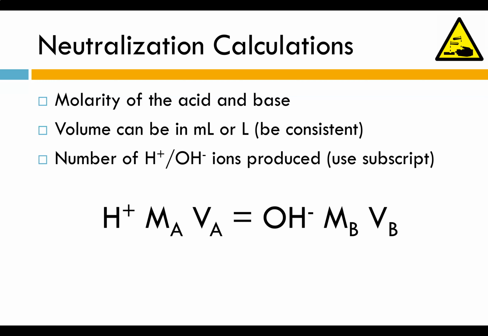We can predict how many ions will be produced by looking at the subscript of the H in the acid's formula and the subscript of the OH in the base's formula. So this part requires a little bit of chemistry know-how, but hopefully by now dissociation equations have become something that you're very familiar and confident with. Let's go ahead and walk through a practice problem or two together.